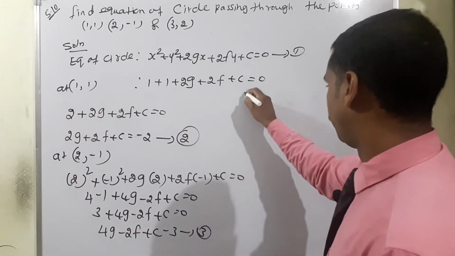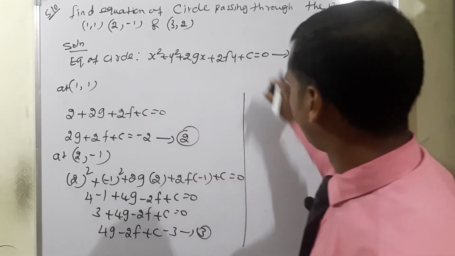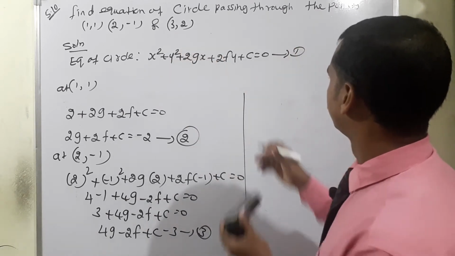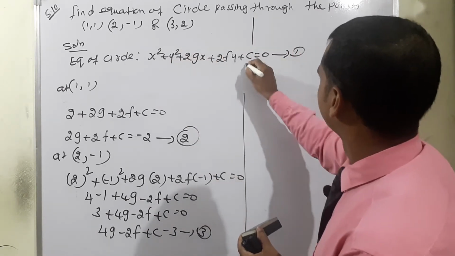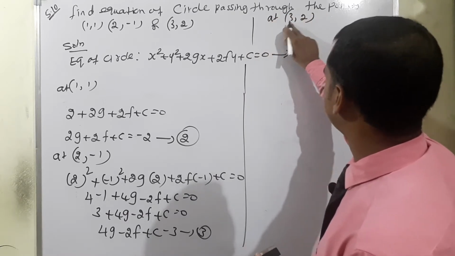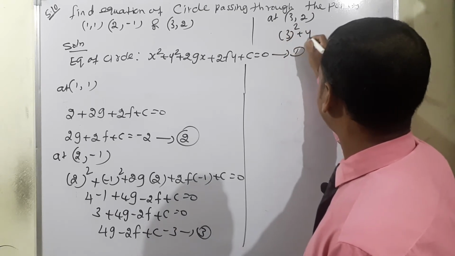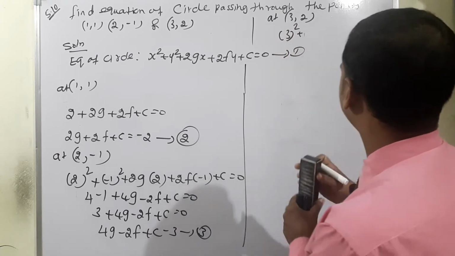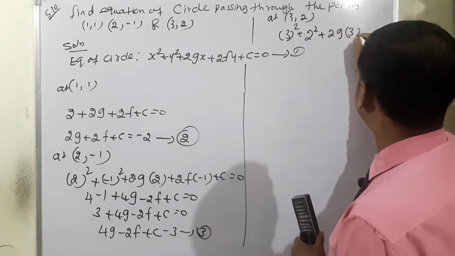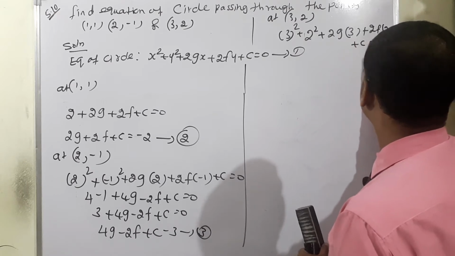Moving to the next equation. What will happen? Look at this. At 3 comma 2, x means 3, y means 2. We can write 3 square, then 2 square plus 2g into 3, then 2f into 2 plus c is equal to 0.